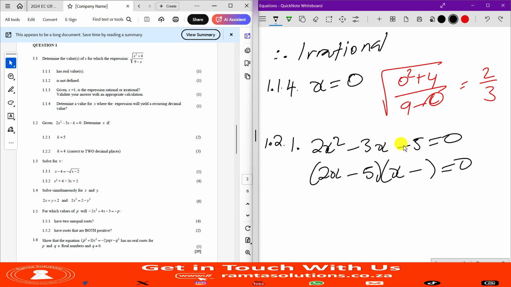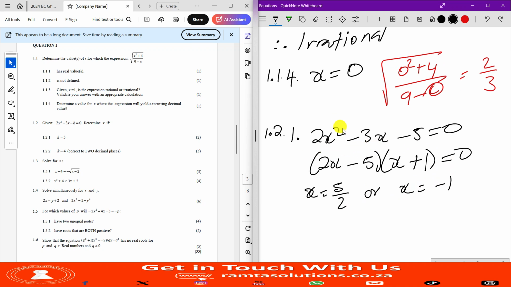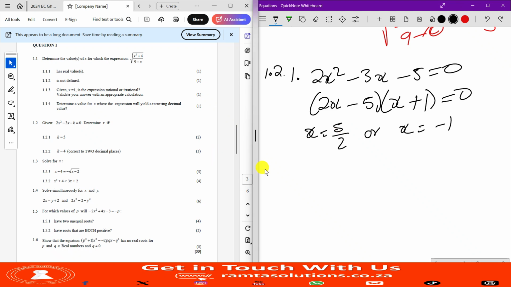The constant here is negative, so the bigger factor must have the sign of the middle term. The middle term is negative, so this one must be positive. Then we say x equals 5 over 2 or x equals negative 1. Guys, if you struggle to factorize this, please use your quadratic formula. Okay? Please use your quadratic formula.